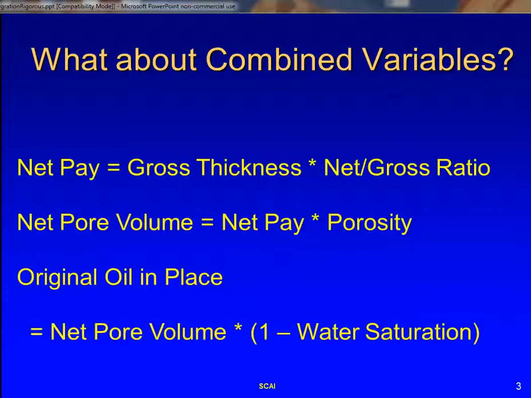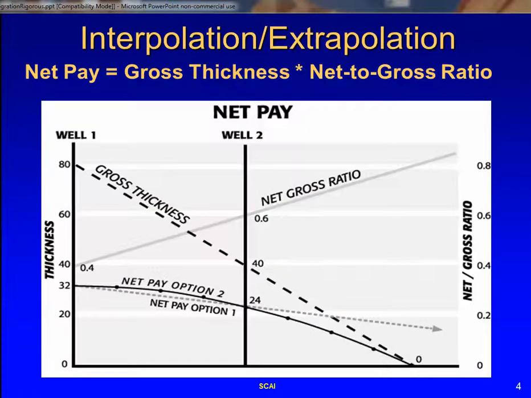Furthermore, when we map individual variables, we usually have a better feel for proper trends than we do when mapping combined variables. A comparison between option 1 and option 2 for calculating net pay when the edge of the reservoir is involved is shown graphically in figure 1.